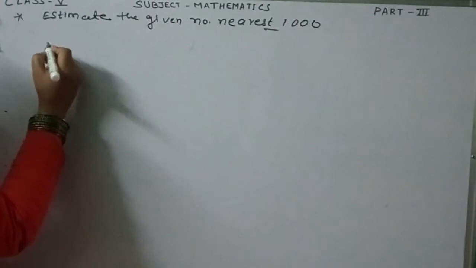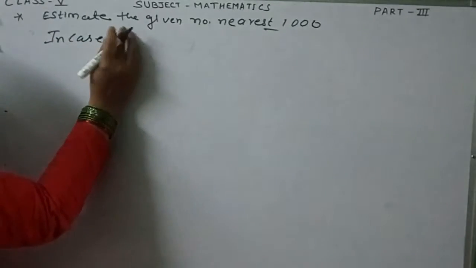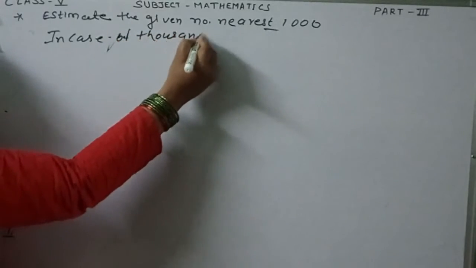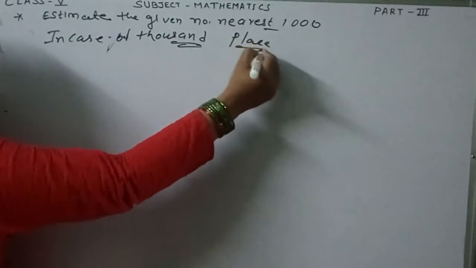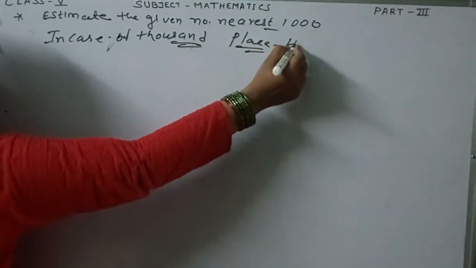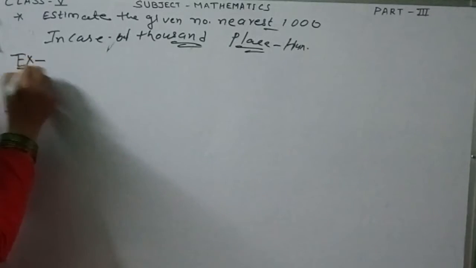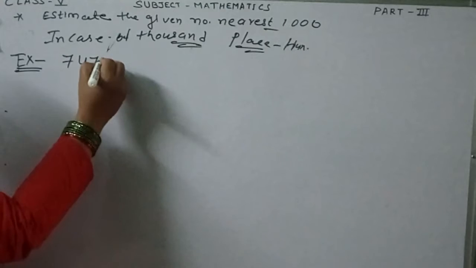In the case of 1000, you have to check the place value of 100. Example: 7475.